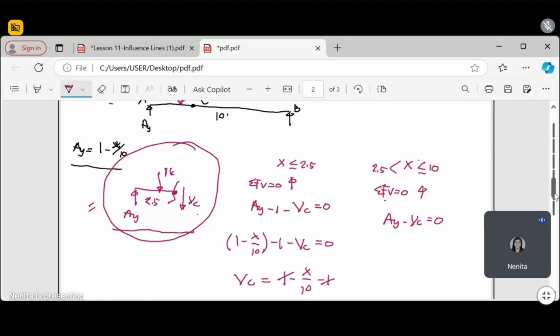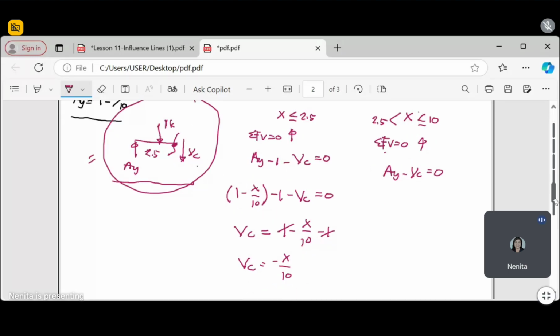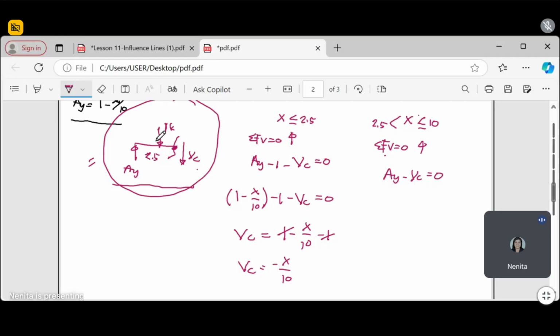Okay, is it correct, class? Kasi nga, si 1 ay nasa kabila na. So, ang natitira is AY and B sub C lang. So, therefore, B sub C is equal to AY. Anong value ng AY? 1 minus x over 10. Nakasabot kayo, class?